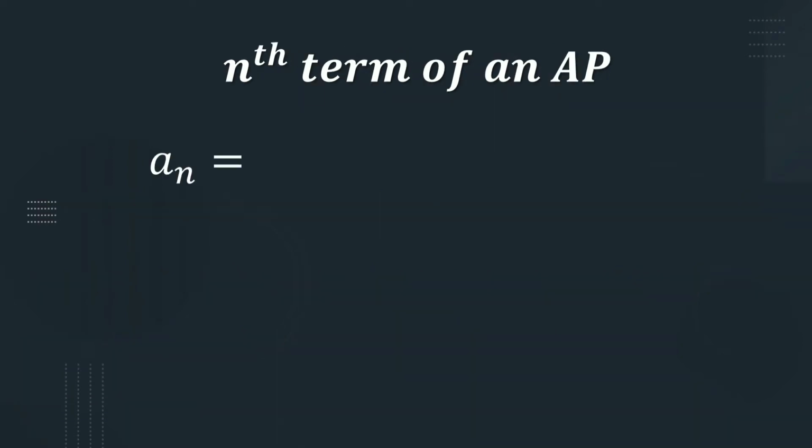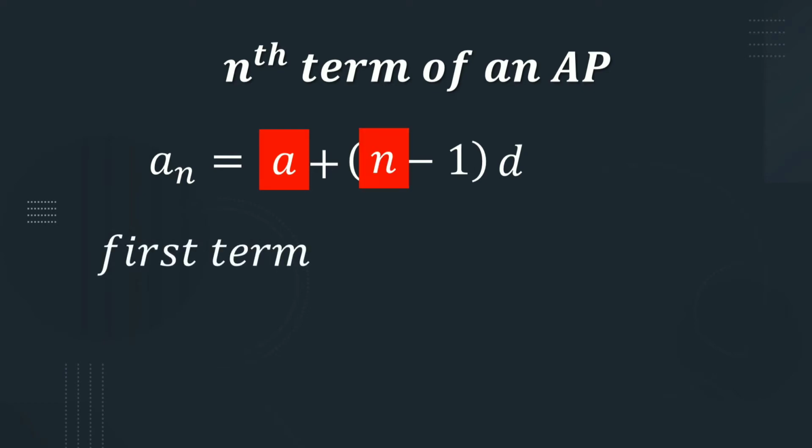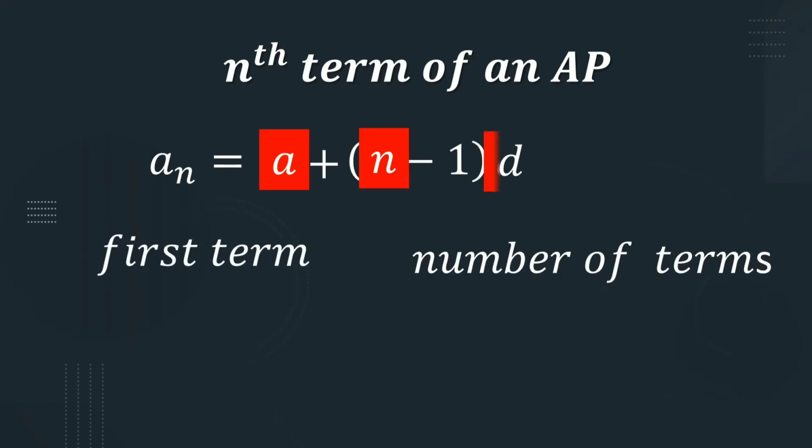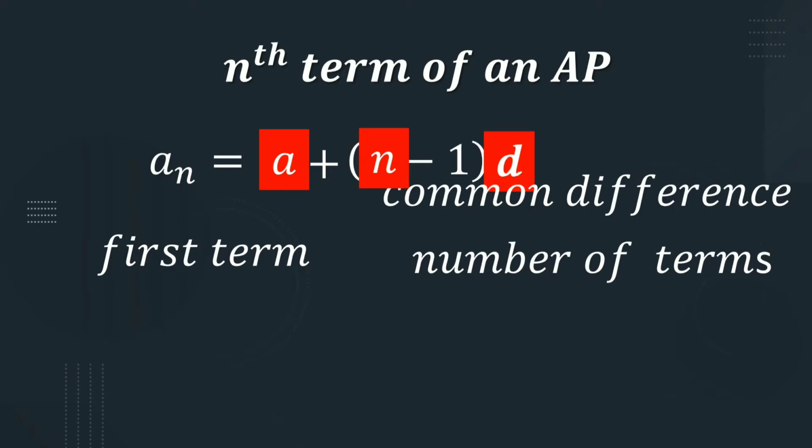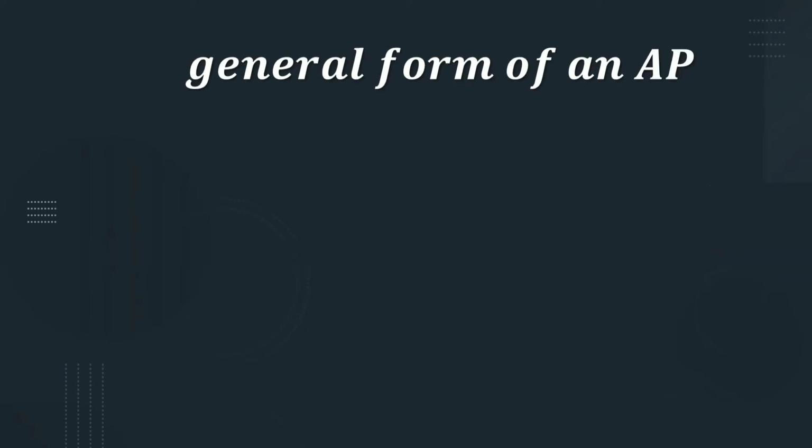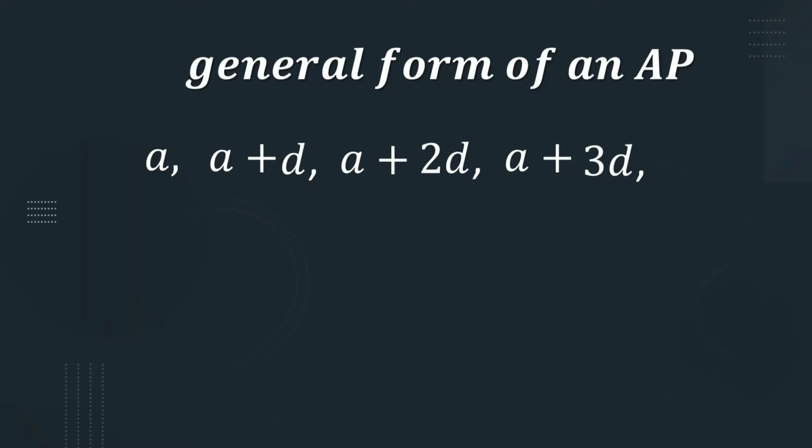Nth term of an AP, an is equal to a plus n minus 1 into d, where a is the first term, n is the number of terms, and d is the common difference. General form of an AP is a, a plus d, a plus 2d, a plus 3d, and so on.